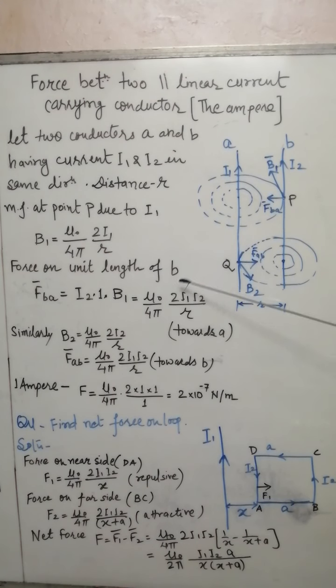Now let us discuss one question related to this. Here you see this diagram. It is given that you have a long wire carrying current I1, and a square loop ABCD of side a is kept at a distance x from this current carrying wire.